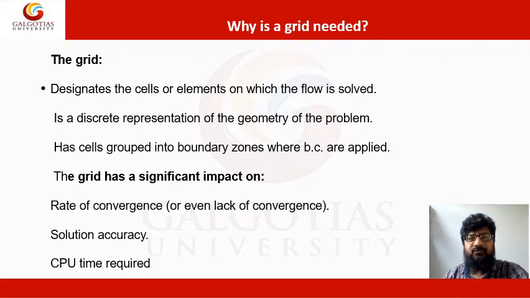So we have to also discretize or identify the points or the control volume at which the solution will be obtained. So we designate the cell or element on which the flow is solved. It is a discrete representation of the geometry of the problem.